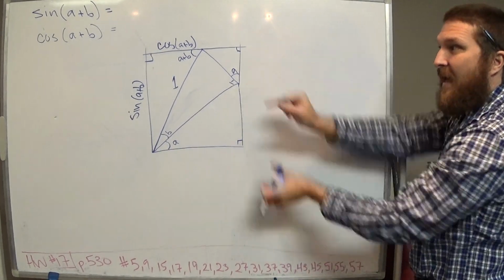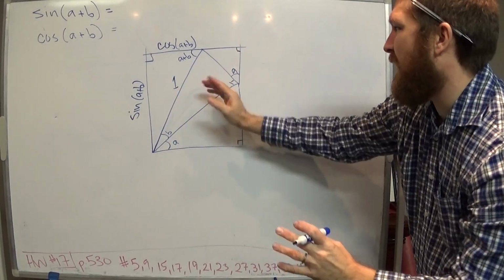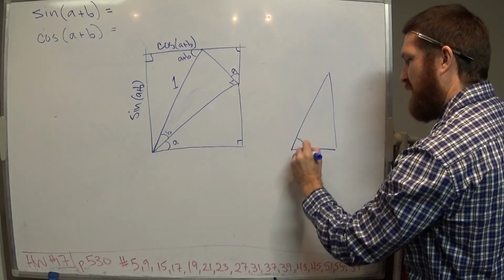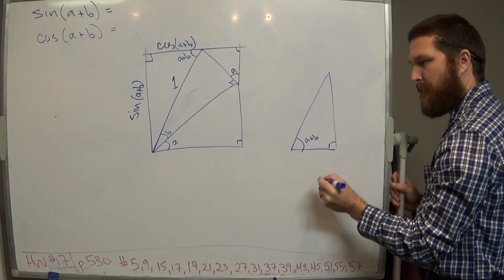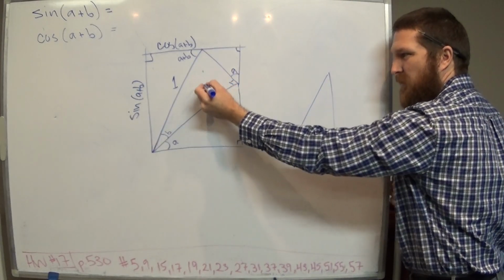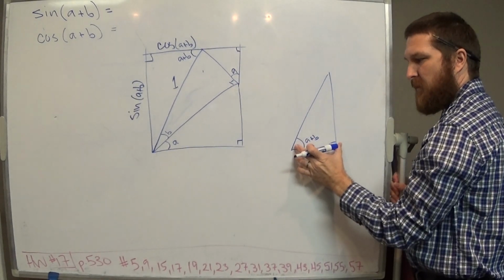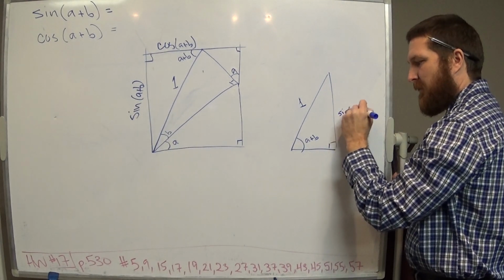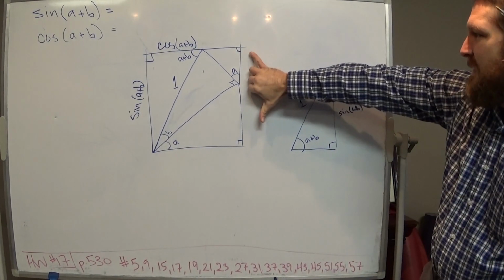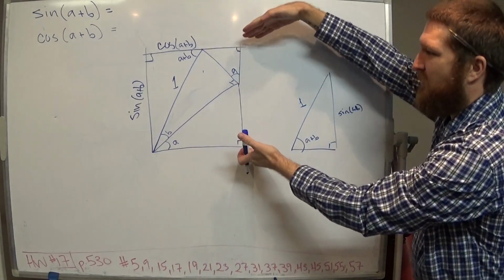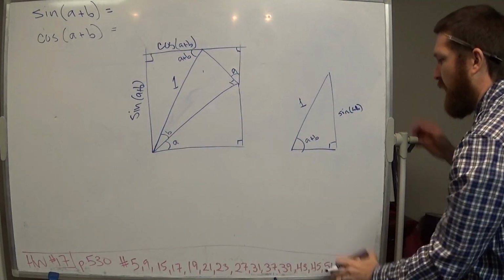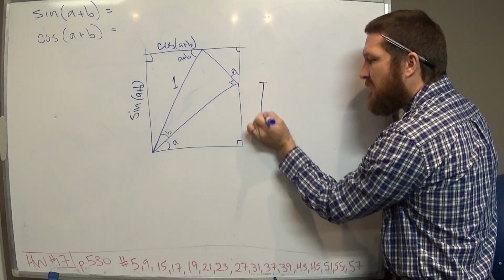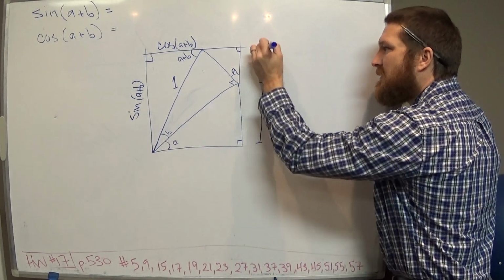If you don't really buy that, just imagine this triangle. If I drew this triangle right here and said that's the length A plus B, and I dropped one straight down this way, that's what we'd have right here. If that's 1, then this length right here would be sine A plus B. That height is the same as that height right there, which is the same as that height. So sine A plus B is going to be this distance plus this distance right here.